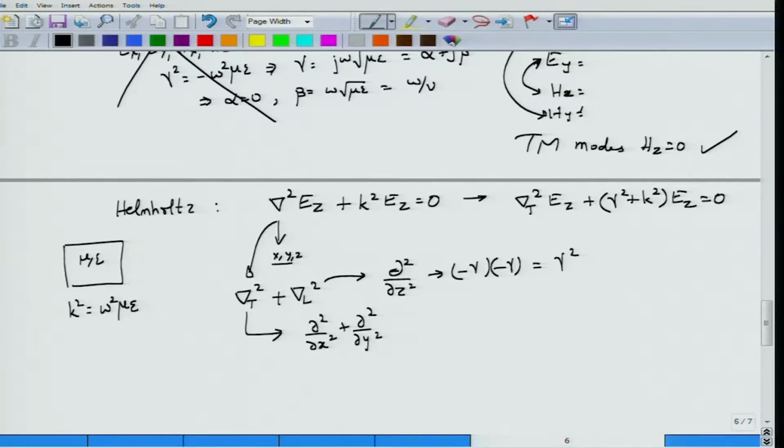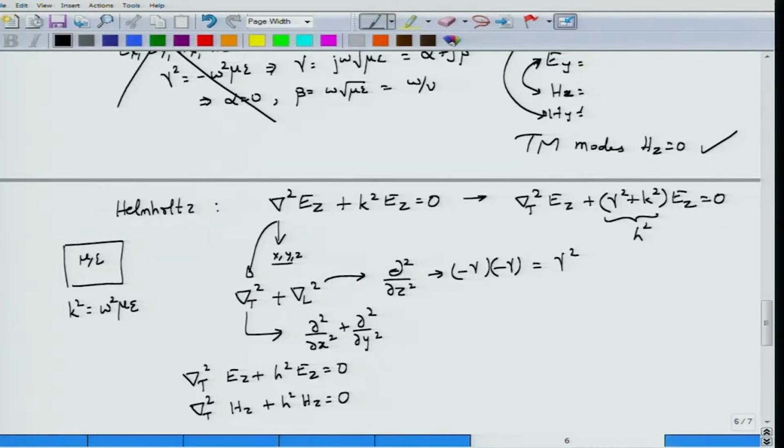Since I know that, I can substitute for it, and I remember from the earlier slide that gamma square plus omega square mu epsilon is actually h square. So what I get effectively is del transverse square Ez plus h square Ez equal to 0. A similar equation can be obtained for Hz as well: del transverse square Hz plus h square Hz is equal to 0.